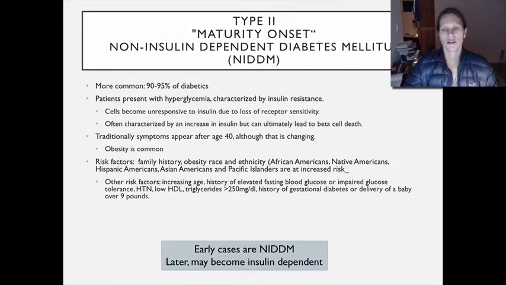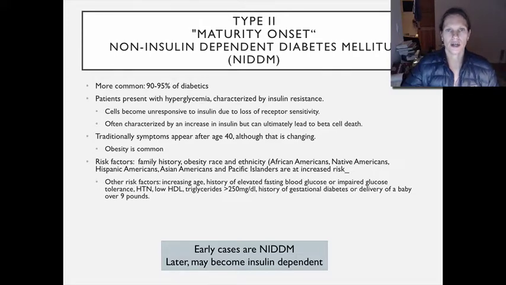If they have a history of elevated blood glucose or impaired glucose tolerance, including if that happens when they're pregnant, or another thing that's important to note is if you were born of a mother who had gestational diabetes, then you are also at higher risk. So if your mom had gestational diabetes, the baby is at higher risk for diabetes as well.